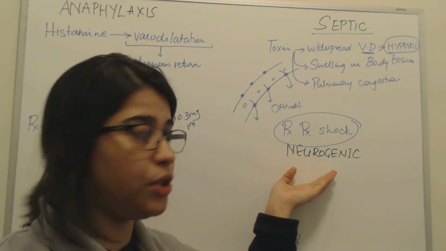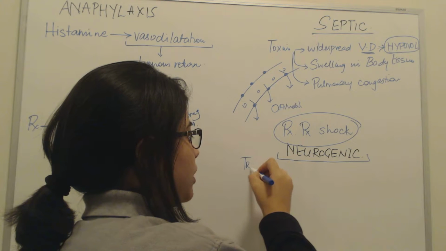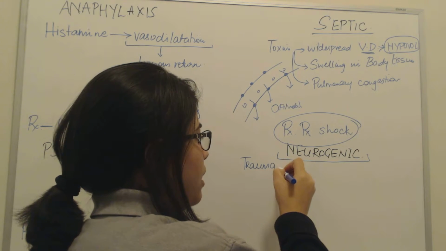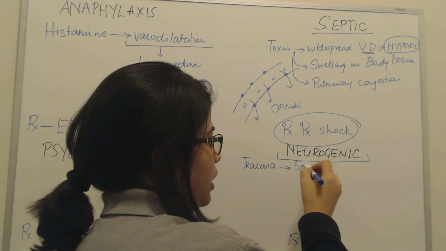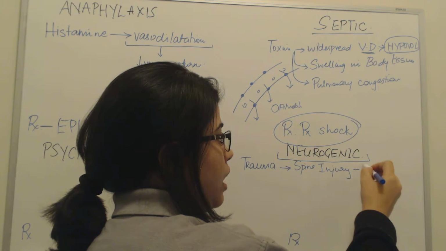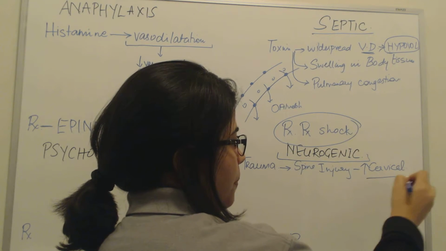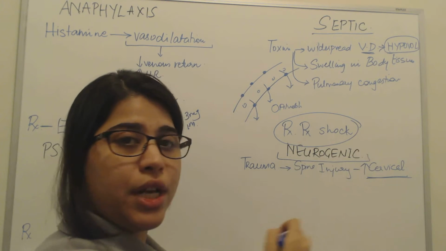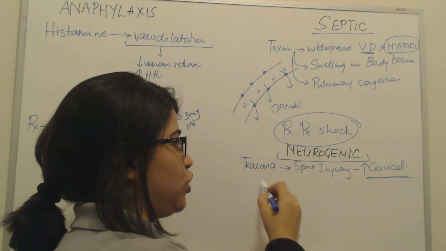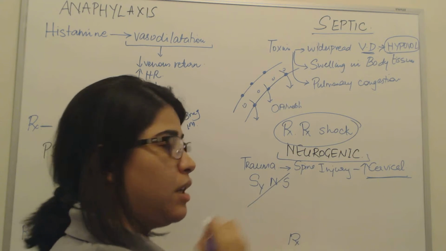Neurogenic shock. What happens in neurogenic shock? Neurogenic shock is seen in trauma situations when there has been a spine injury. Most spine injuries are in the higher cervical region. What happens in neurogenic injuries? In neurogenic shock, the sympathetic nervous system gets cut.